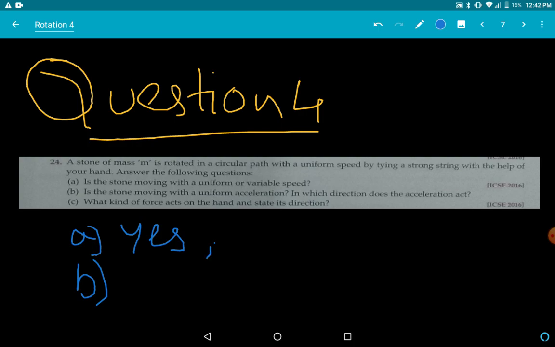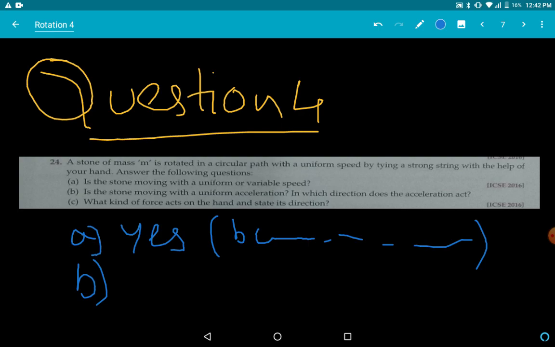If you write only yes, this will fetch you just 1 mark, because mostly 2 marks questions come like this. But if you want the full 2 marks, you need to write the reason. I'm telling you the reason: whenever there is a body in uniform circular motion, the speed is same.